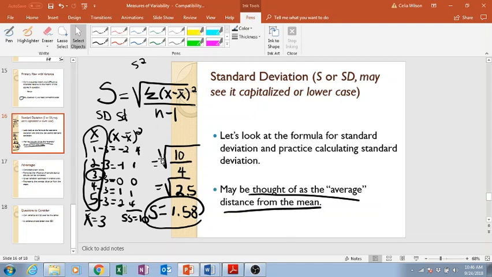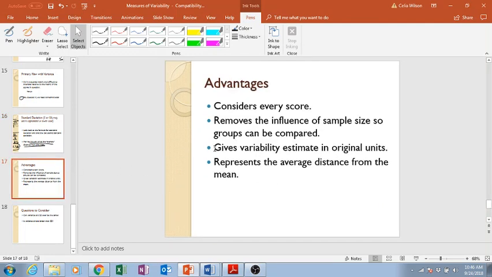We remove the influence of that sample size. Now I can compare across groups, where before with sum of squares I could not. It gives a variability estimate in the original units, so that's very useful. It represents the average distance from the mean. All right.